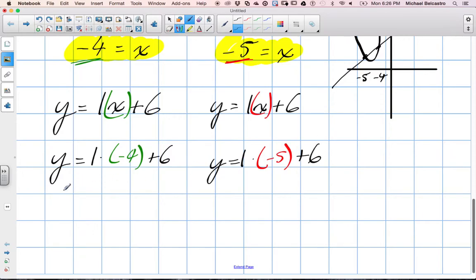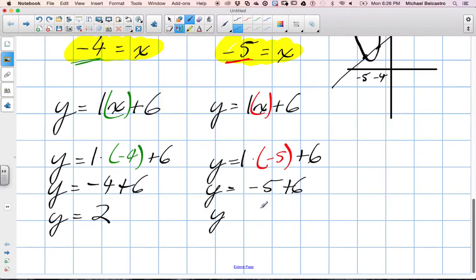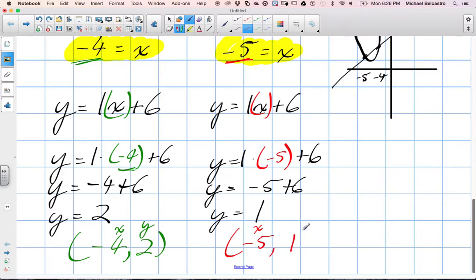Okay, so we're getting our two y values. Y is equal to -4 plus 6, which is y equals 2. And in this one, y equals -5 plus 6, which is y equals 1. Since we plugged -4 in, we have x value -4, y value 2. That's one of the points of intersection. For the other point, the x value was -5 and the y value was 1.